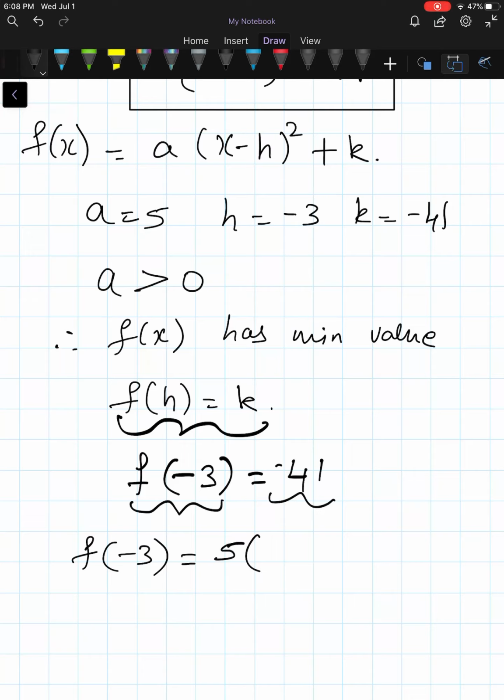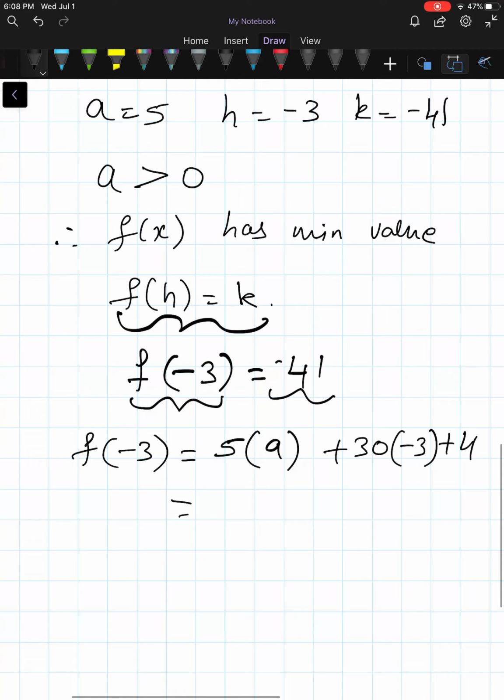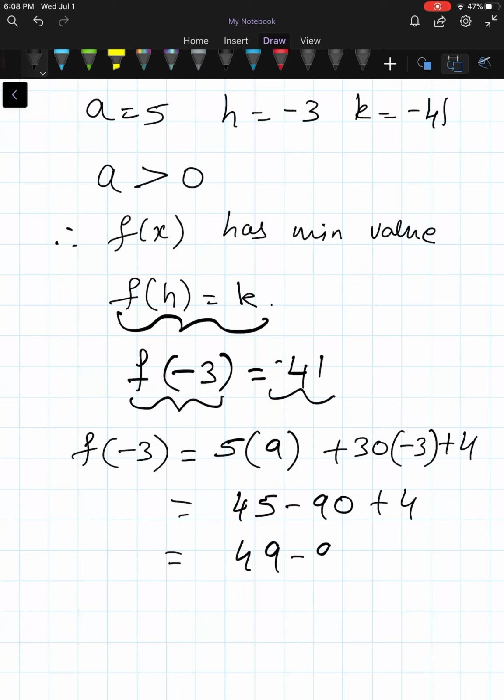So 5 times negative 3 square, that is 9, plus 30 times negative 3 plus 4. This equals 45 minus 90 plus 4. 45 plus 4 is 49, minus 90 is negative 41.